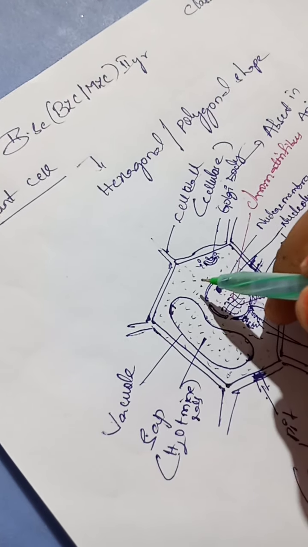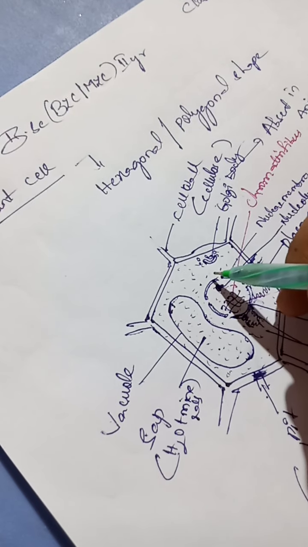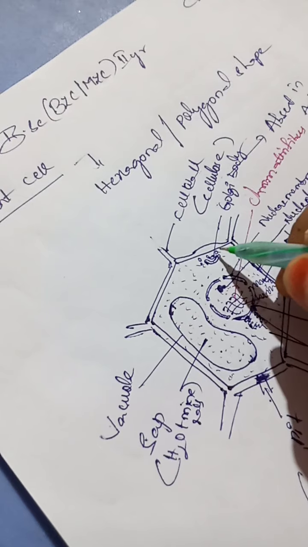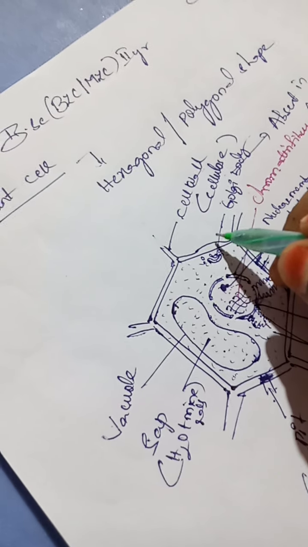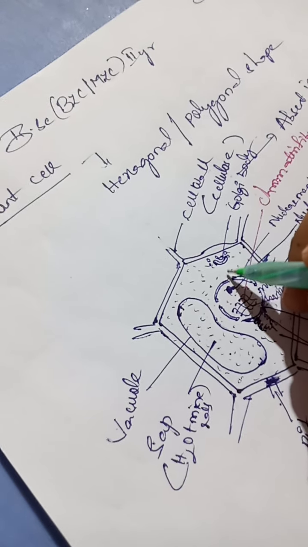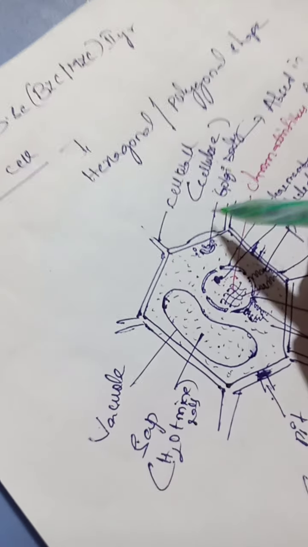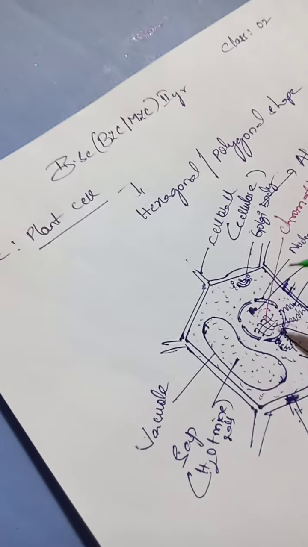In the animal cell also we saw that the Golgi body has two ends, concave and convex. Here the concave side will be at the plasma membrane, and the convex side at what side? Nuclear membrane. So this is the same, but their location is somewhat different in the plant cell.